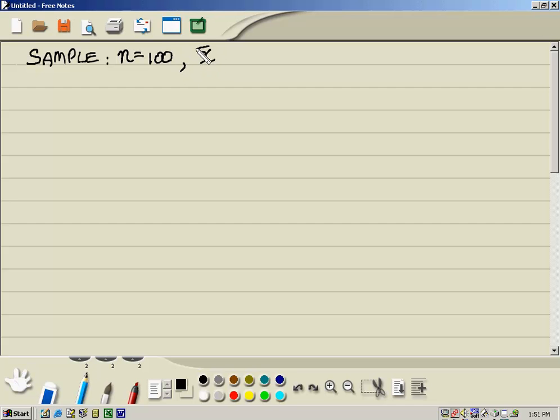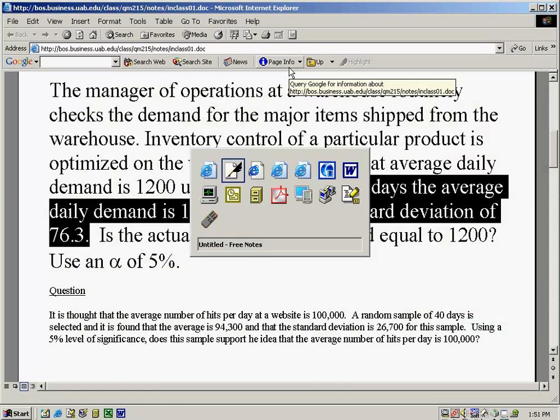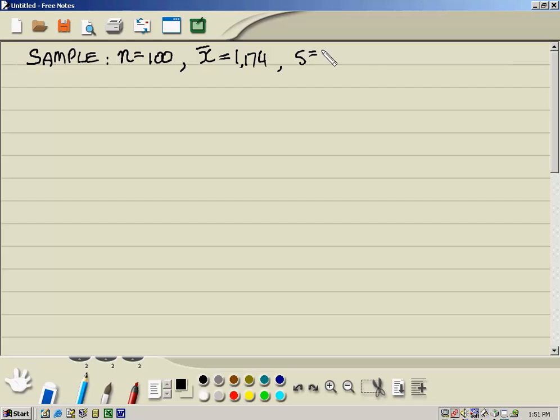We have a sample average of 1174 and a standard deviation of 76.3. Okay, and we're asked to do this with an alpha of 5%, which is the standard alpha, which we've used so far. So, hypotheses first.